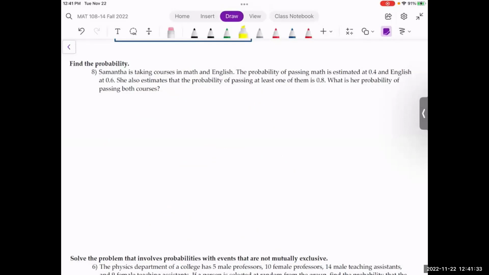All right, so what we got here, the probability of passing math is 0.4. This is the probability of math. And then the probability of passing English is 0.6. So this is the probability of English.